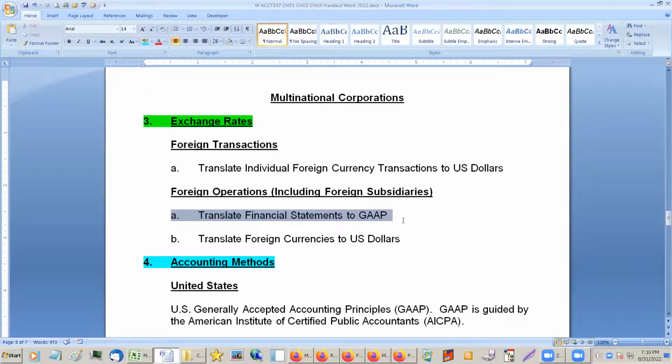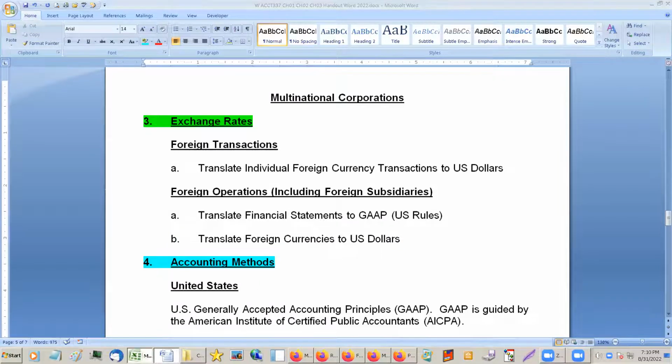Foreign currency operations, you have to translate them from their accounting to US GAAP, US accounting principles. And then also translate the currency. So you have to change their accounting system and also translate that into US dollars.